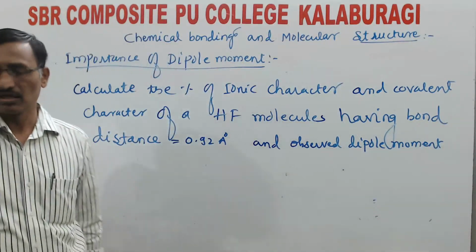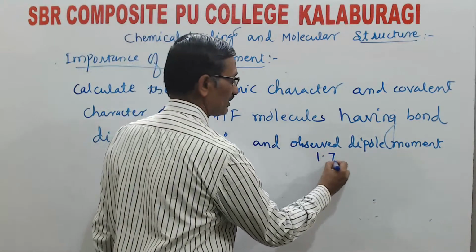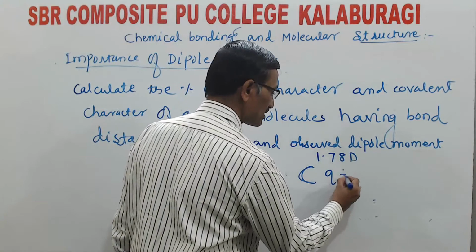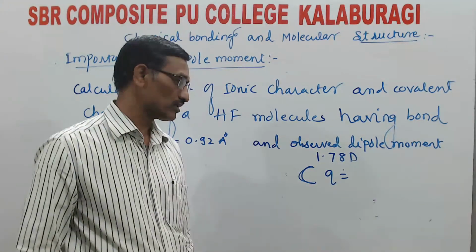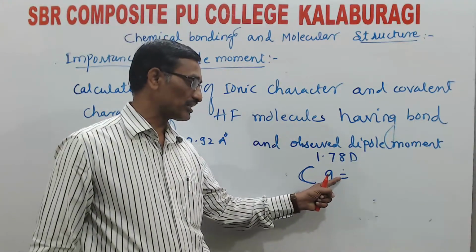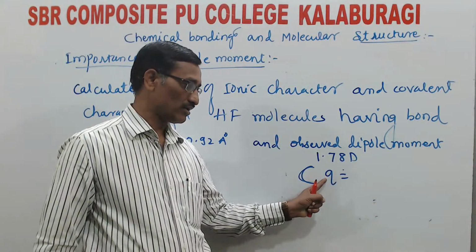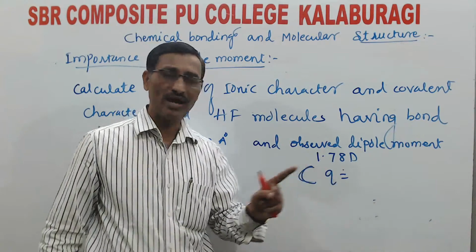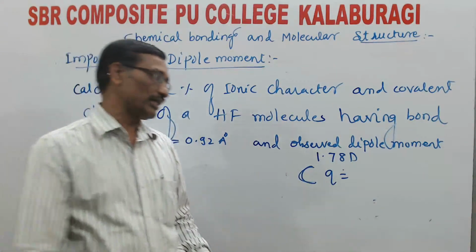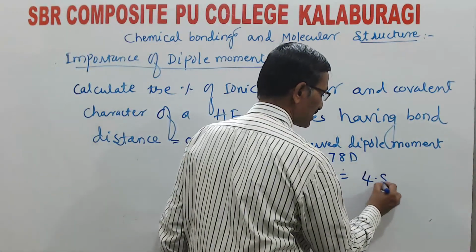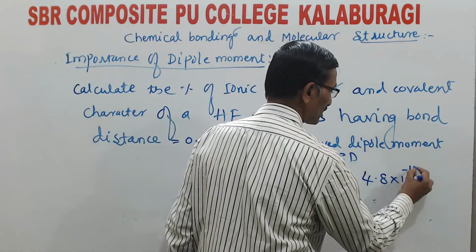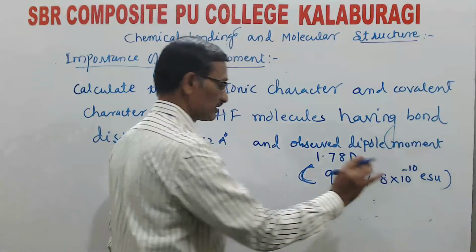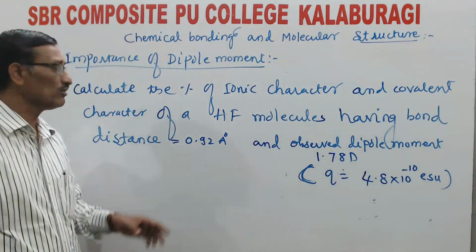How much is it? 1.78 debye. Now one more thing here, the Q value is given. Q stands for what? The charge on an atom, the magnitude of the charge on any one atom. How much is Q? That is 4.8 into 10 to the power of minus 10 electrostatic unit. This much is given.